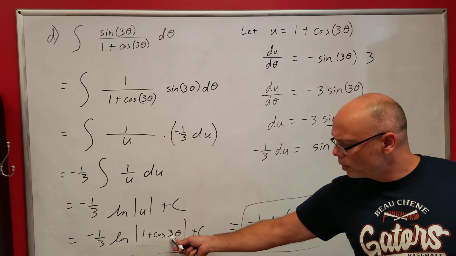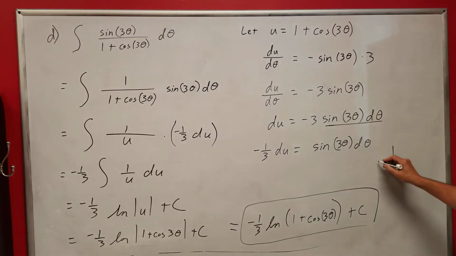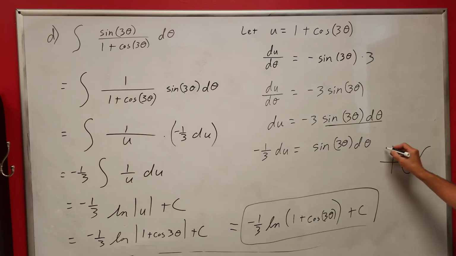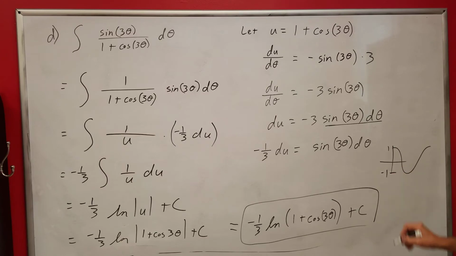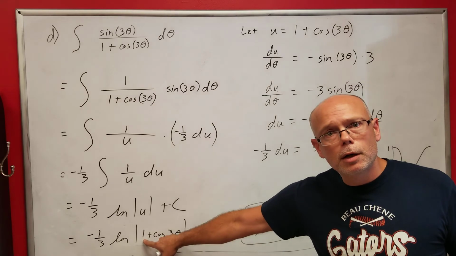What is the minimum value of my cosine function? Remember my cosine function, if you graph it out, goes between 1 and -1, right? So the minimum value that cosine is going to take on is -1. The minimum value is going to be -1 plus 1 gives me 0, right?